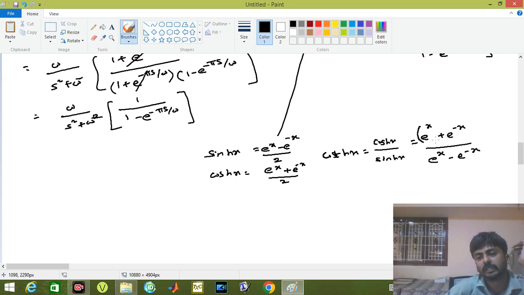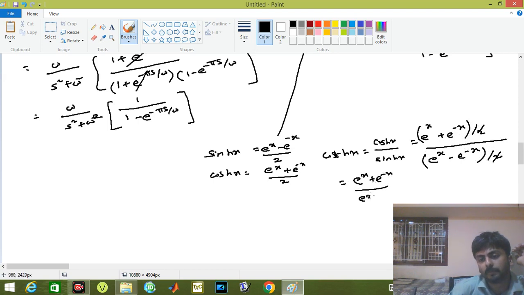Because in this there will be 1 by 2, in this also you will have 1 by 2. Since both denominators are same, the denominators will get cancelled, so you will get only e power x plus e power minus x by e power x minus e power minus x. So this is the formula for cot hx. You have to write it like cot h of x. Okay, cot h is hyperbolic function of x.